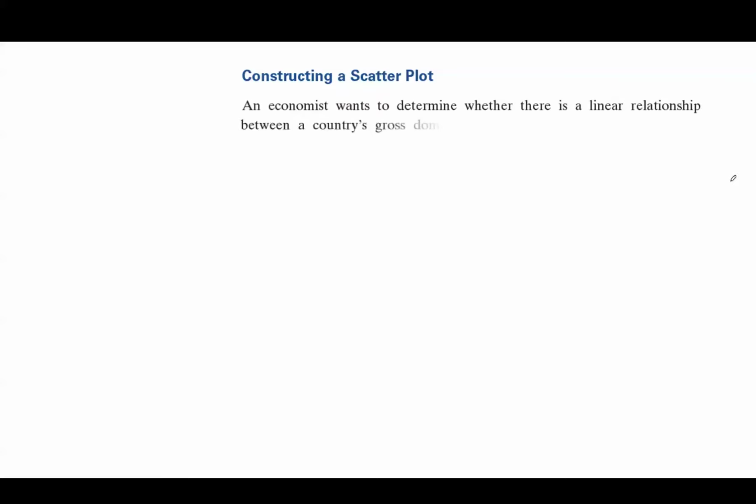Constructing a scatter plot. An economist wants to determine if a linear relationship exists between a country's gross domestic product, which we abbreviate with GDP, and the carbon dioxide emissions, CO2.